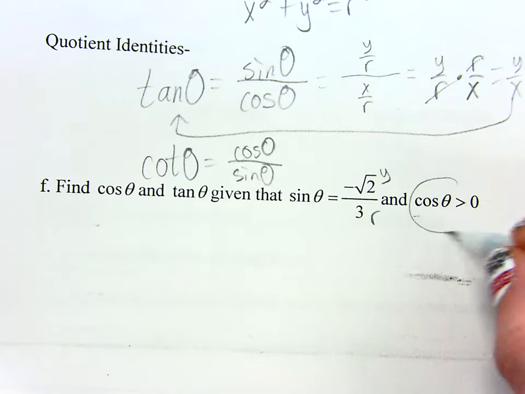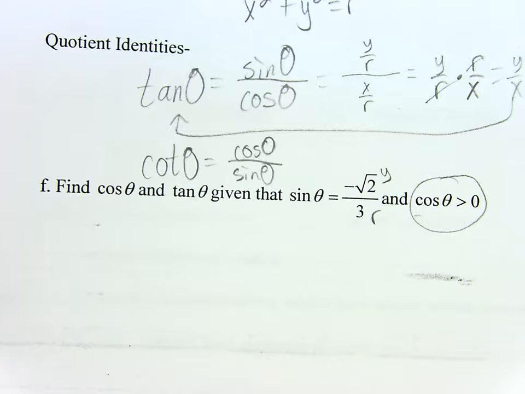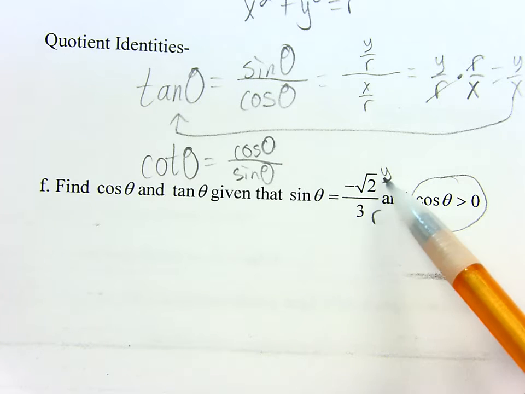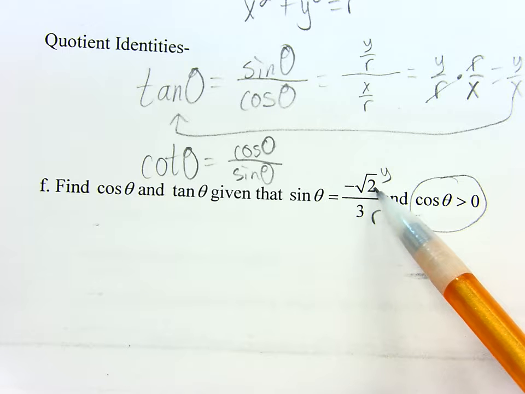And it also tells me that cosine is positive. So let's see what I have going on here. I have a negative y. So what quadrants have negative y's? 3 and 4. So I know I'm in either 3 or 4.